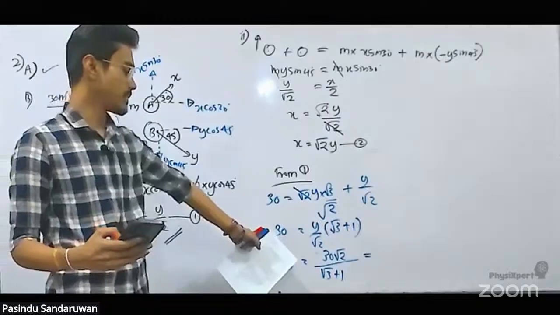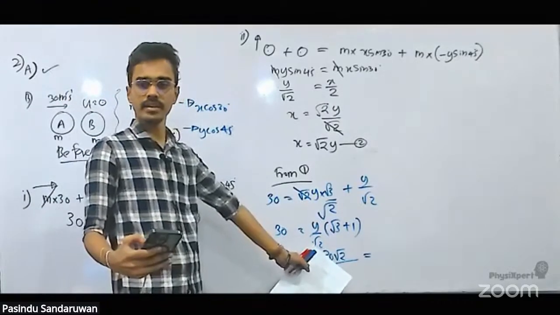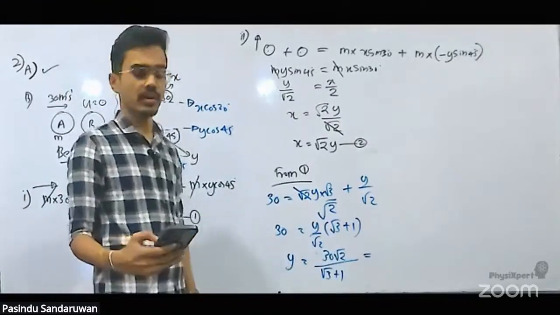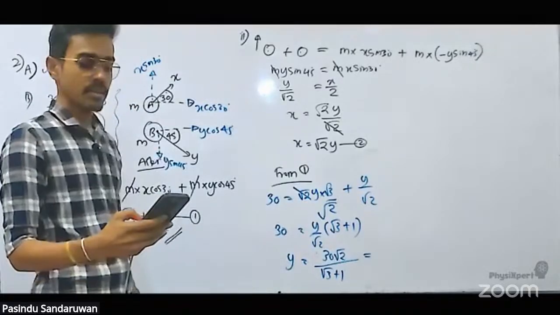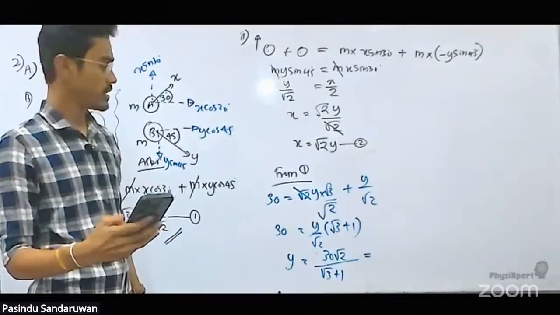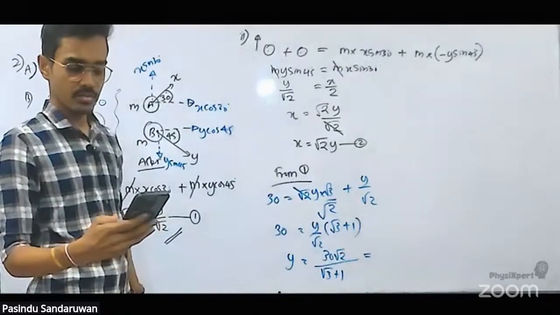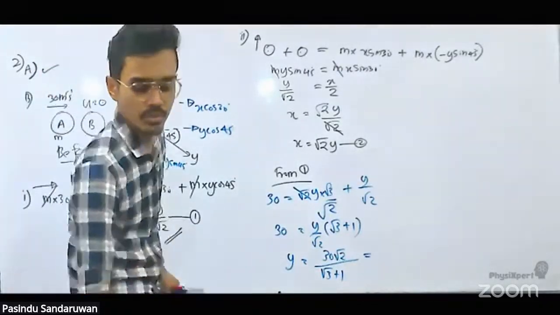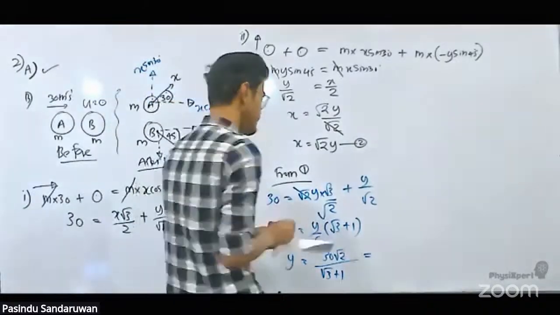So the root 3 plus 1 is 2.73. Then y is 15.52.